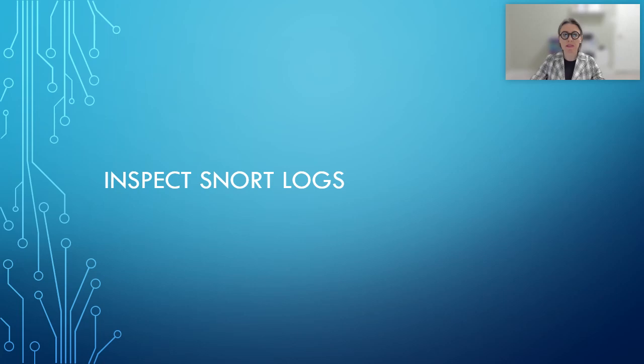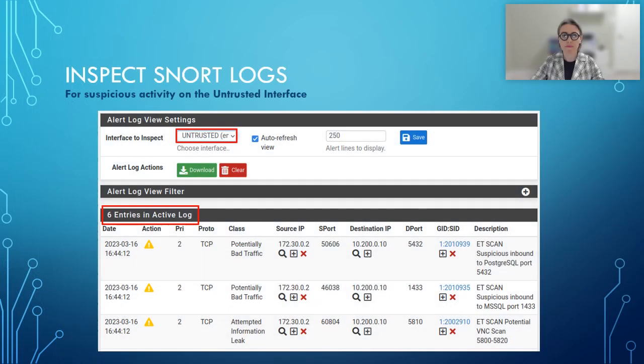Let's inspect the Snort logs for any suspicious activity. To view the Snort alerts for any one interface, select Services, Snort, then Alerts from the drop-down menu. From there you can select which interface logs you want to view.